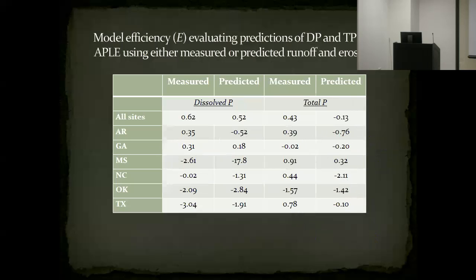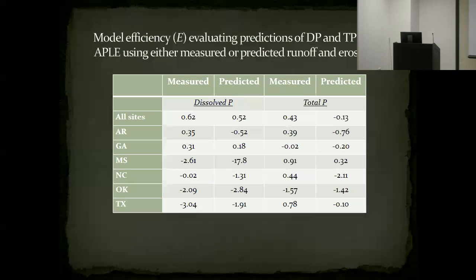So I think we know this, but what this clearly shows is that you can have the best P cycling routine you want, but if you're not predicting erosion and runoff well, I mean, think about it, it's common sense, but oftentimes we have to go through these great exercises to point out the obvious, we're not going to predict phosphorus loading that well.